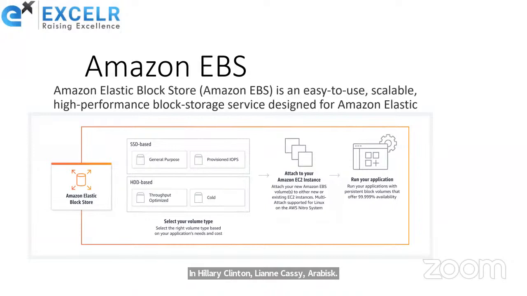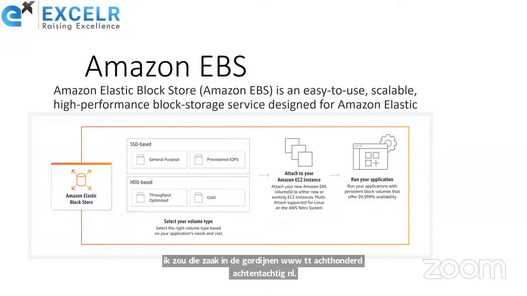SSD is a solid state drive, and HDD is a hard disk drive. Correct? Solid state drives typically have faster read-write speeds when compared to HDD. So these are different types of storage which we opt for based on the project requirements and attach to your server or computer, like a virtual server.